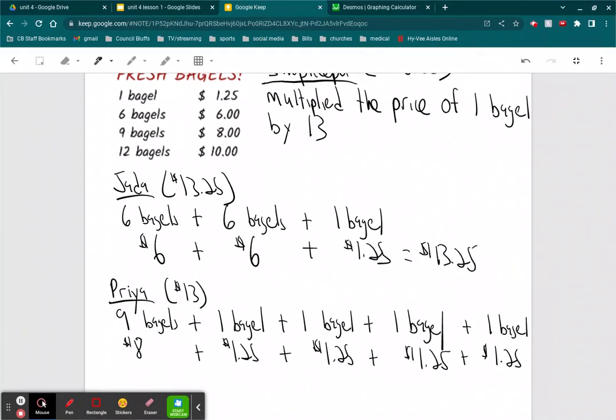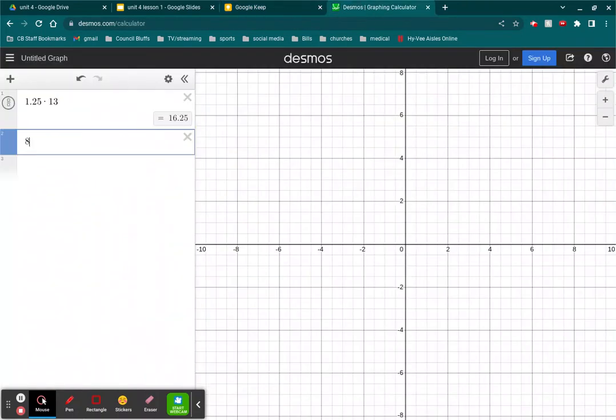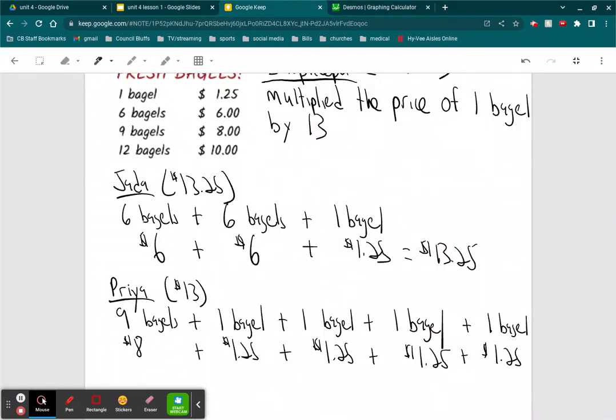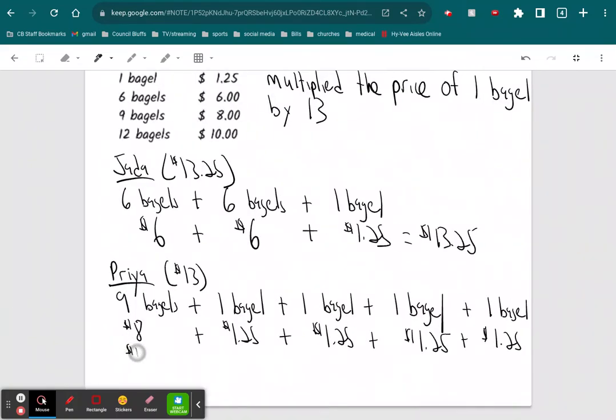And if I add all that up, 8 plus $1.25 plus $1.25 plus $1.25 plus $1.25, let's see what happens. That gives me $13. So that gives you $13 total. Okay. So that's Priya.